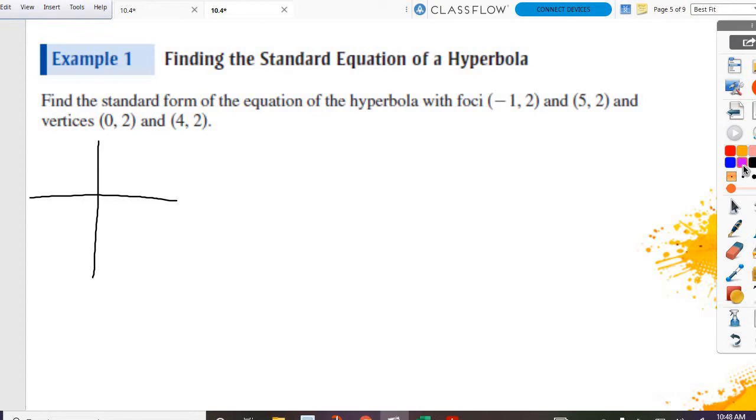So where are the foci located? My first one is in which quadrant? The second one, okay. And in what relation to my first one is my second foci? To the right.